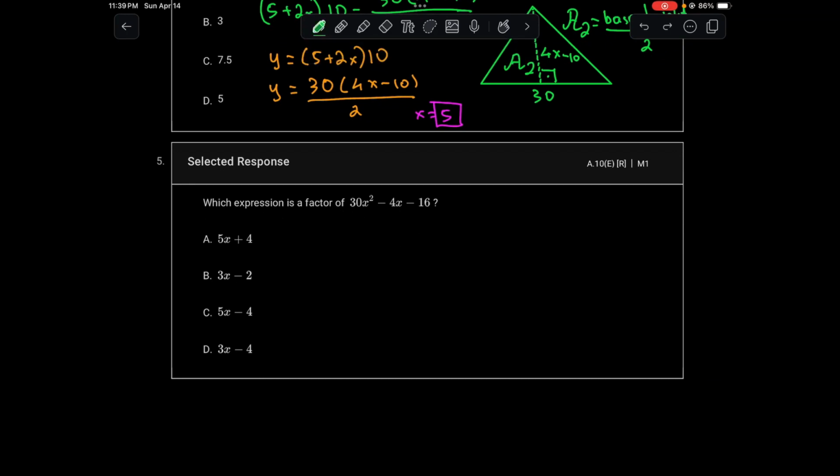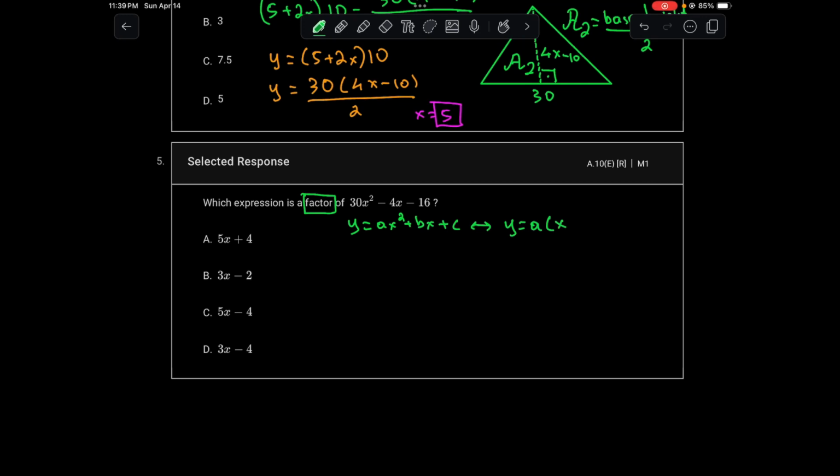We have the following. Number 5. Which expression is a factor of that? Okay. We're referring to factoring this quadratic. This is in the standard form, y equals ax squared plus bx plus c. When you factor it, you get an equivalent form. That is the factor form.